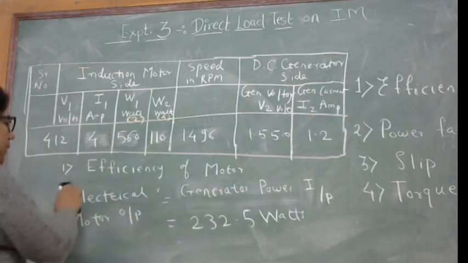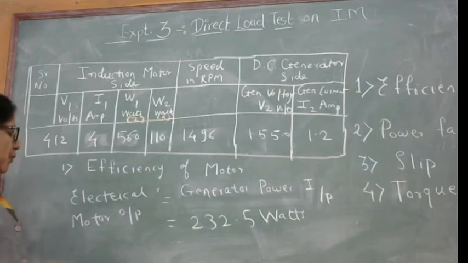So, electrical motor output. This output is no doubt in the form of mechanical power, but this motor output is 232.5 watts.